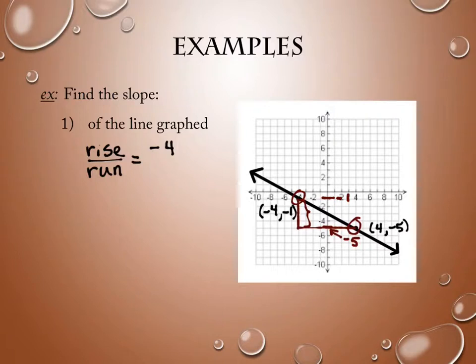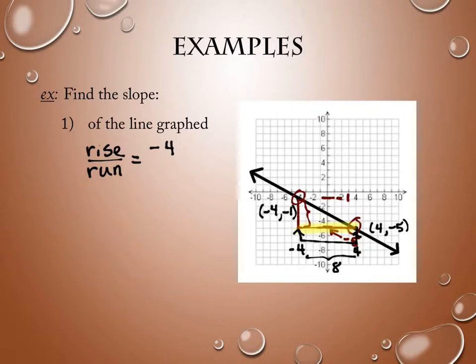How much did it run? That is to say, what's the distance that it goes from left to right to get from the -4, -1 point to the 4, -5 point? What's the distance? Here to here. Yep, from -4 to +4 is a distance of 8.